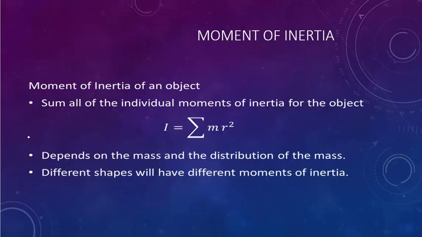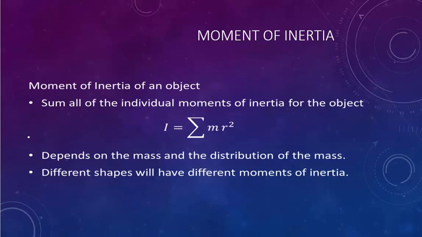So let's start with a moment of inertia. Moment of inertia of an object is the same thing as mass in linear dynamics and kinematics. It is the thing that resists the change in motion, either starting up, slowing down, changing direction, resists any of those changes.